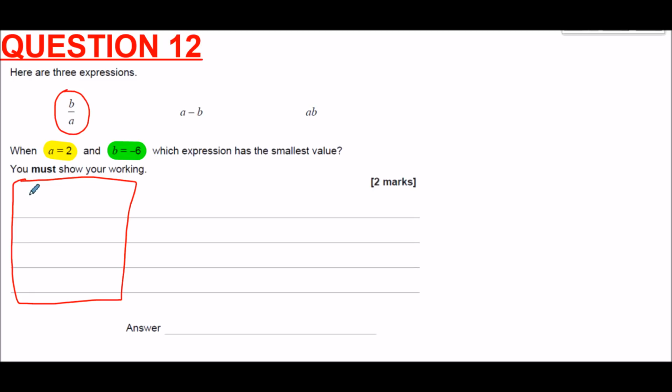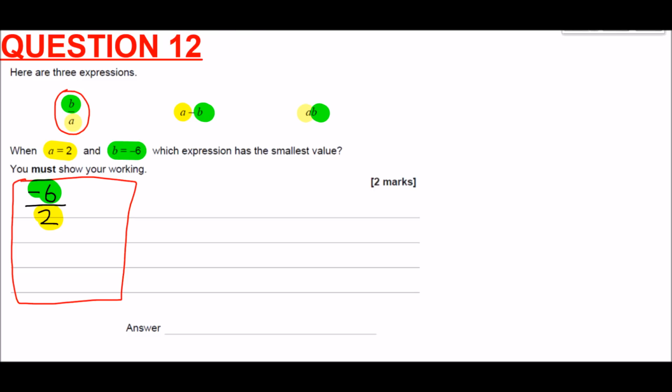So b is minus 6, a is 2. And so just to make this absolutely clear, I'm going to colour code in b and a. So a, as I say, is 2, and b is minus 6.